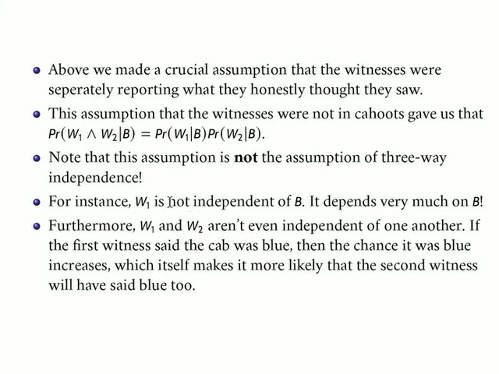So when we're assuming that the witnesses are honestly reporting what they saw and they're not in cahoots in any way, what we're assuming is that conditional on B, W1 and W2 are independent. And that allows us to calculate their conjunction conditional on B by simply multiplying their individual probabilities conditional on B. But that assumption is not an assumption that W1 and W2 are unconditionally independent. And it also is not the assumption that W1, for instance, is independent of B.